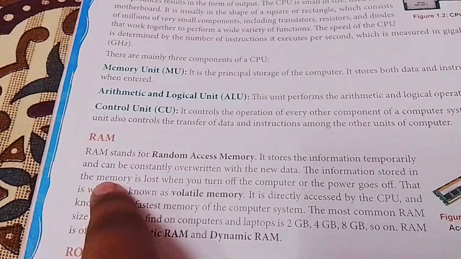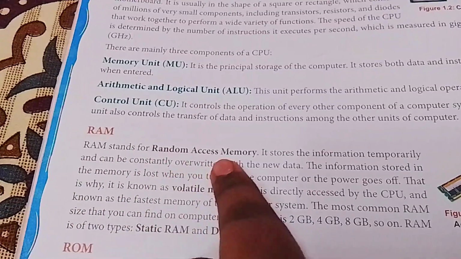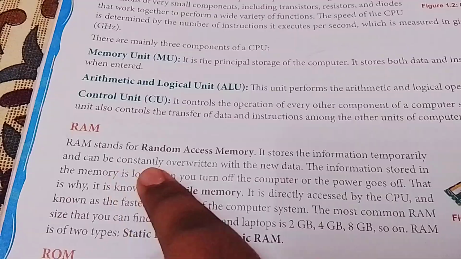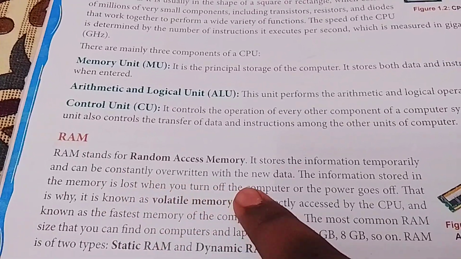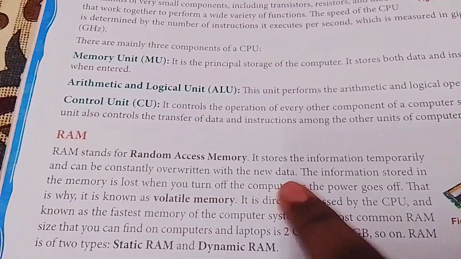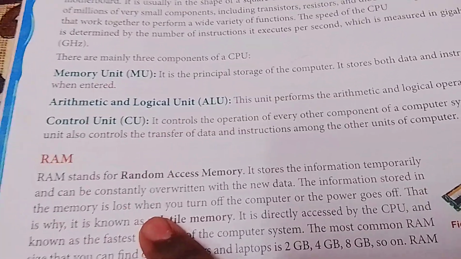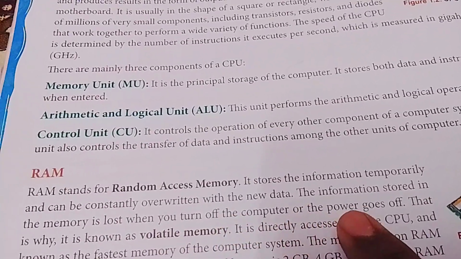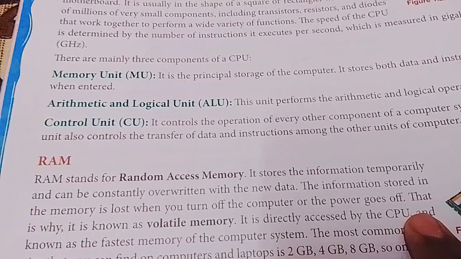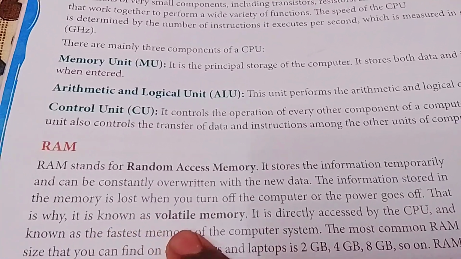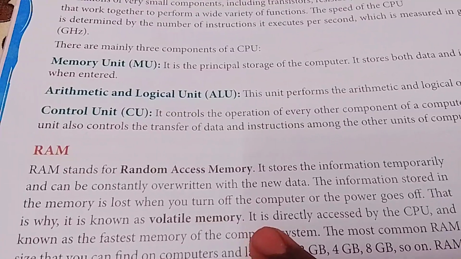RAM. RAM stands for Random Access Memory. It stores the information temporarily and can be continuously overwritten with new data. The information stored in the memory is lost when you turn off the computer or the power goes off. That is why it is known as volatile memory.